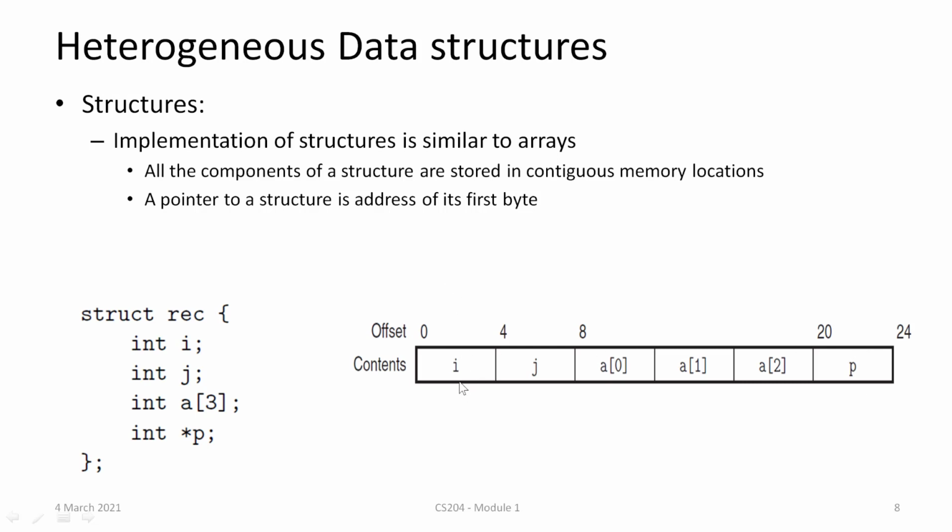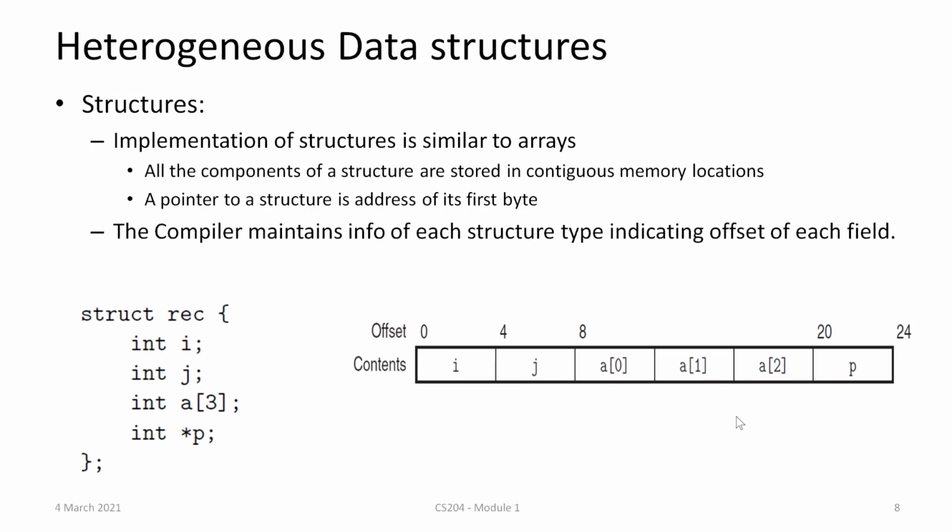Just like we were trying to move from one element of an array to another element, here the offsets need to be noted, and if we give the proper offset, then we can access the correct element. Now, if we think about it, who will be generating the offsets? That is the job of the compiler.